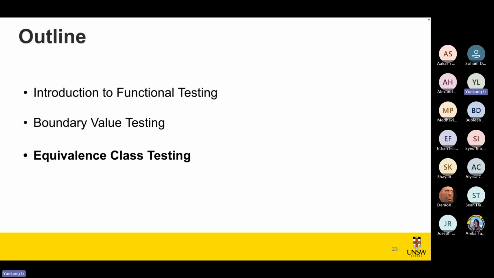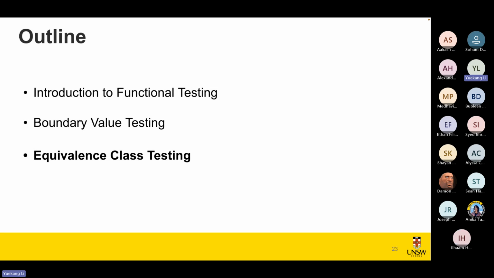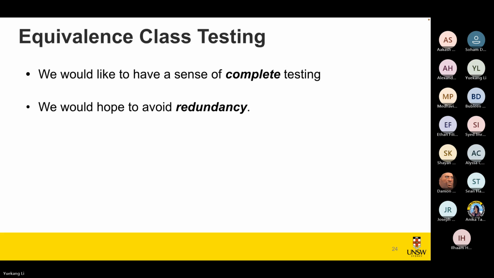And now let's try to learn equivalence class testing. When we are designing test cases, we try to design them systematically. By systematic, what we mean is that we are trying to make the test suite as complete as possible.